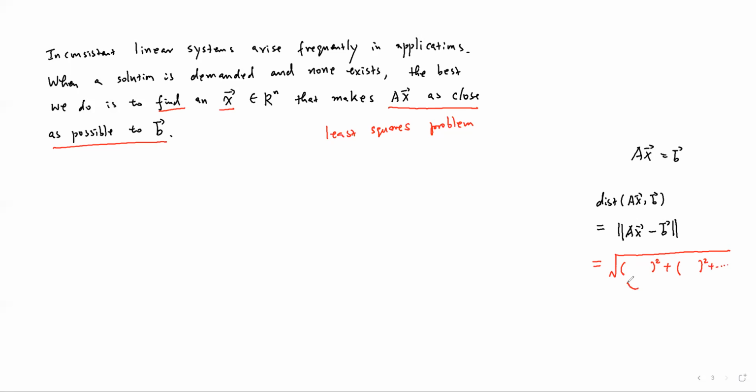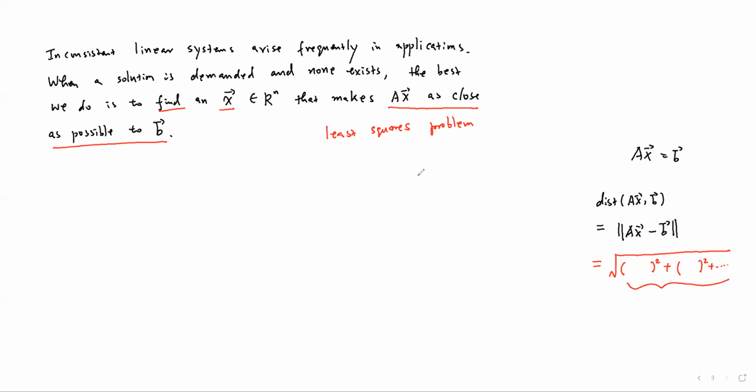Under the square root it is a sum of squares. Now we want to minimize the squares, so least squares.